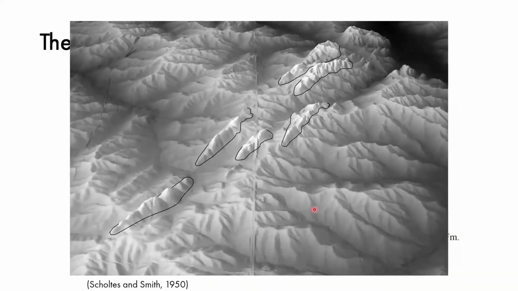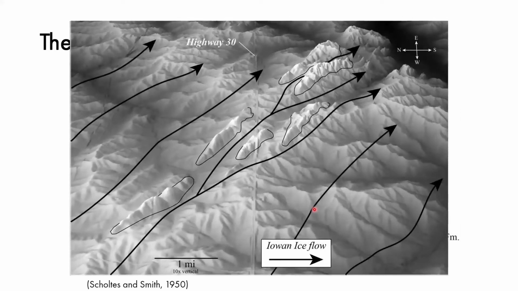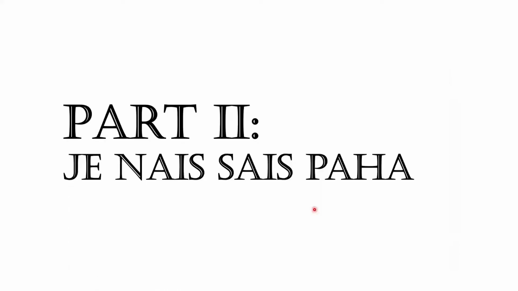So this is kind of an illustration of how they thought about it. So these are a line of paha in Benton County near Highway 30. They thought the ice kind of flowed around them in little tongues. And glaciologically, it doesn't work, because how are you going to have a continental ice sheet avoid certain areas like this? It just doesn't make sense.